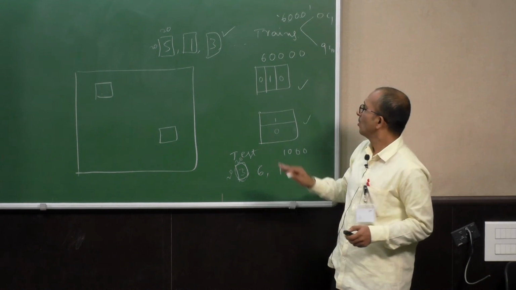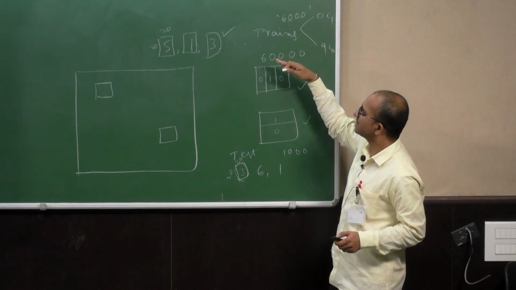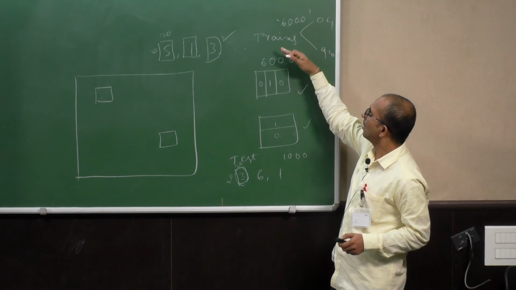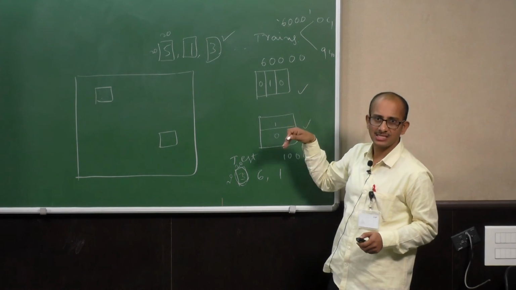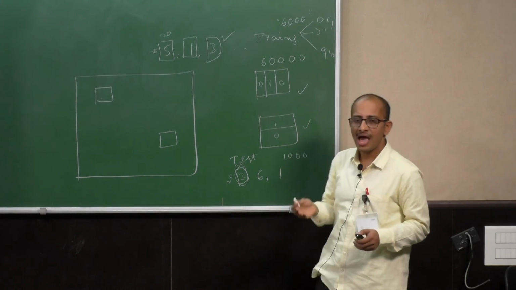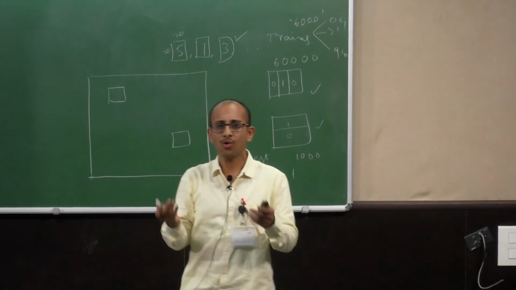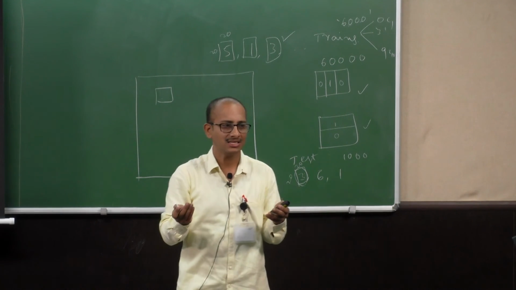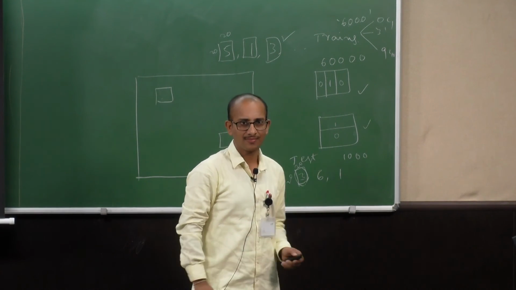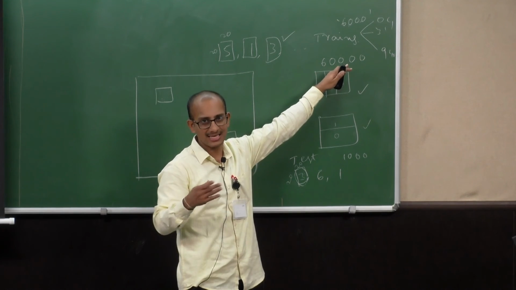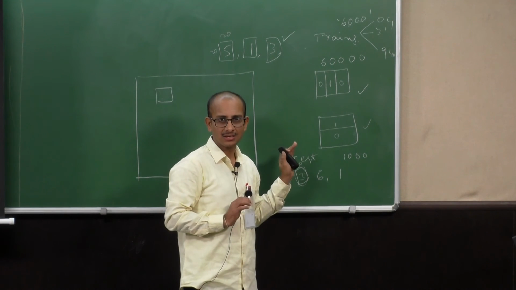I will be comparing with all the 3s, all samples. If I see that class 3 has high correlation, I may say that this belongs to 3. So I am performing 60,000 comparisons for deciding this test sample.